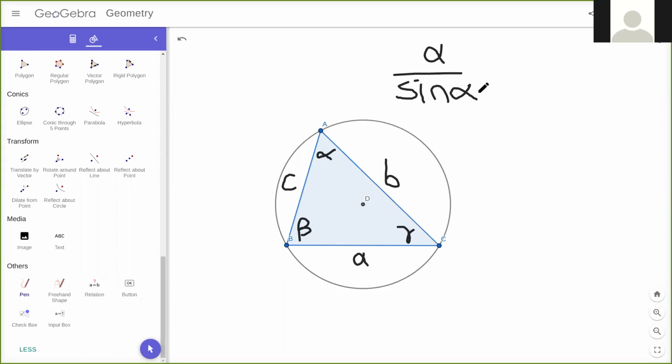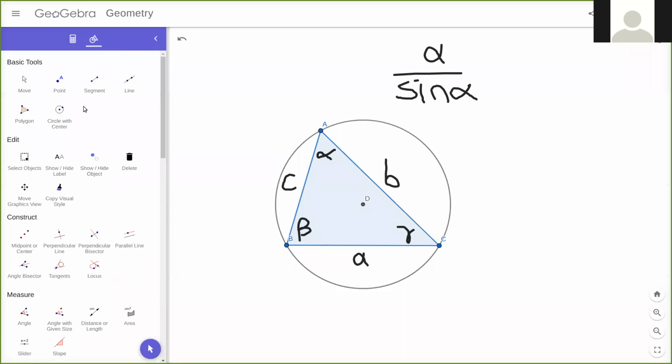Okay, so to retain this angle alpha, we're going to use a property of circles, of actually cyclic quadrilaterals.